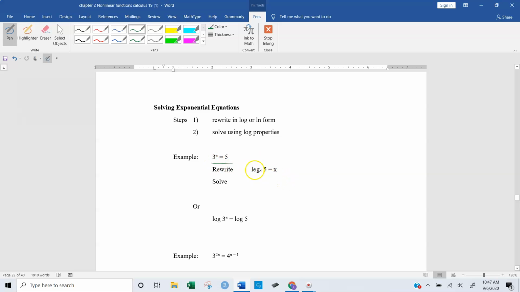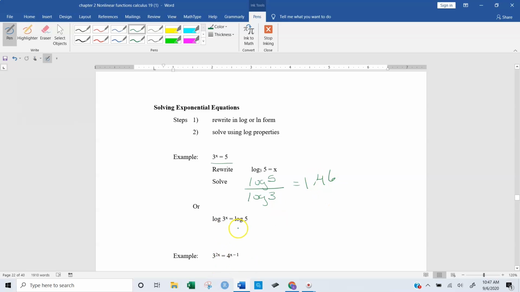But when you look at this, our change of base theorem helps us. So that's log of 5 divided by log of 3. Type it in your calculator and you get your answer. Let's see if I got that done. And it's 1.46.